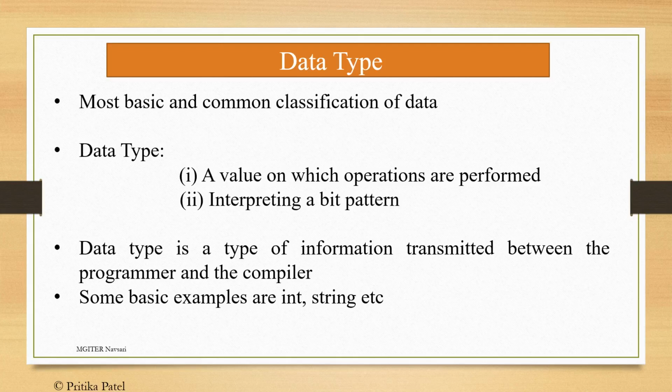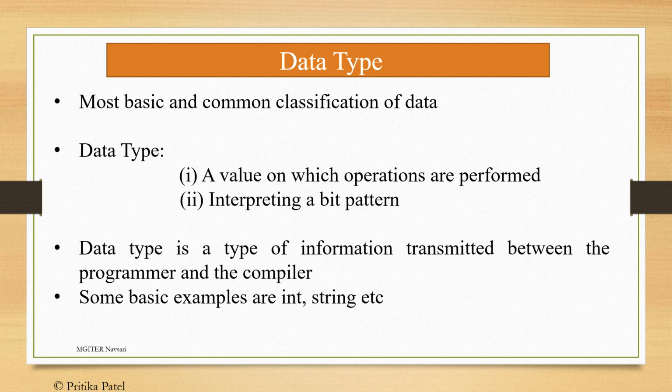Data type is the basic and most common classification of data. By using it, the compiler gets to know the form or the type of information that will be used throughout the code.